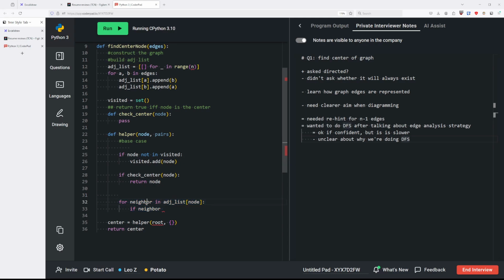If neighbor not in visited, you would do helper neighbor, continue with the regular DFS.